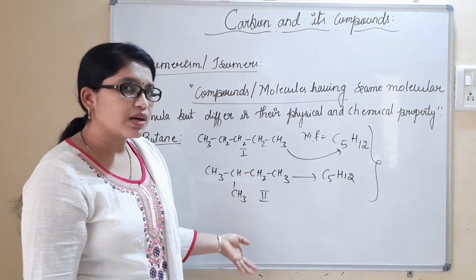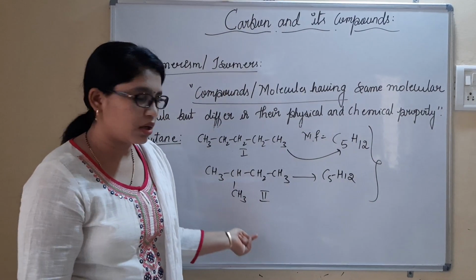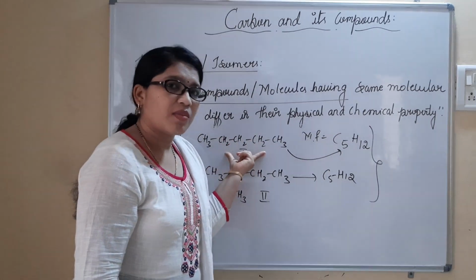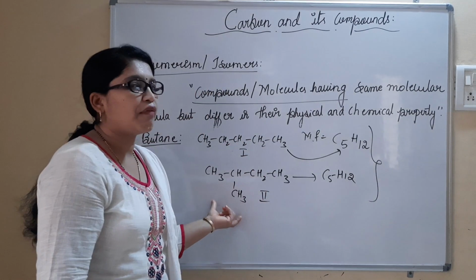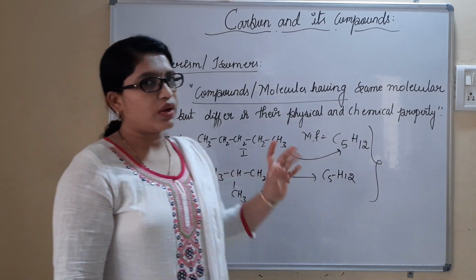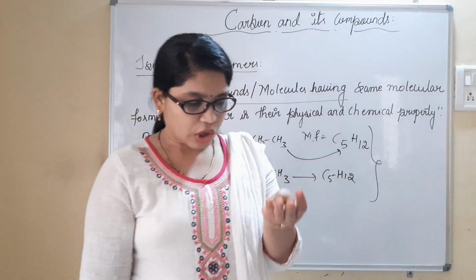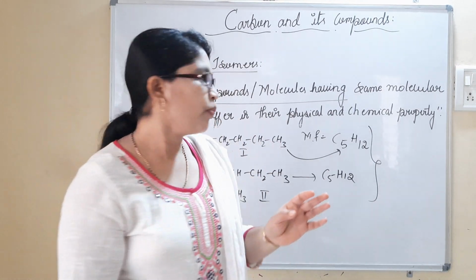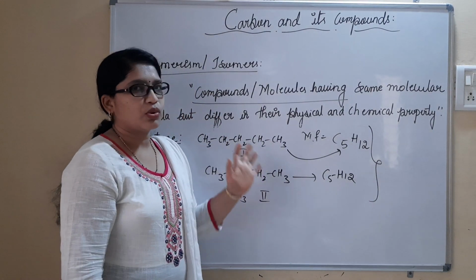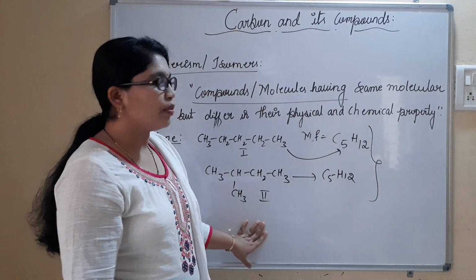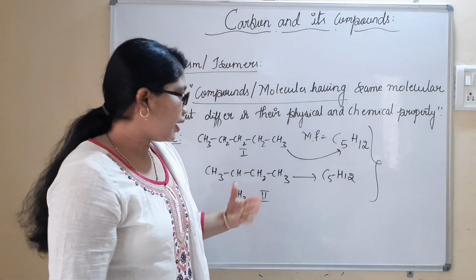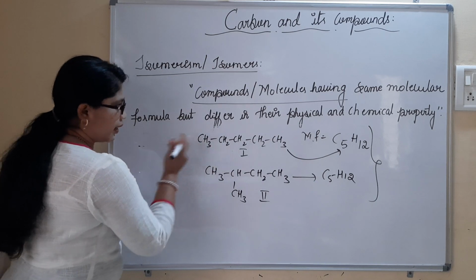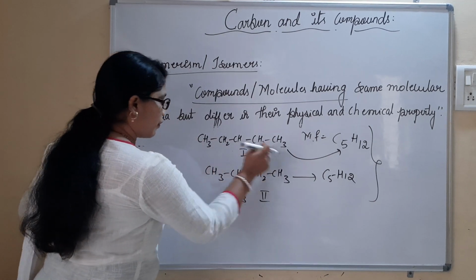What type of isomers can I call them here? Chain isomers. There is a change in the chain. One is referred to as the normal straight chain, whereas the other is referred to as the branched chain. We have even discussed normal chain as well as branched chain hydrocarbons, right? So this is how you are supposed to explain the isomerism property. This is pentane, 5 carbon, 1 2 3 4 5 carbon.